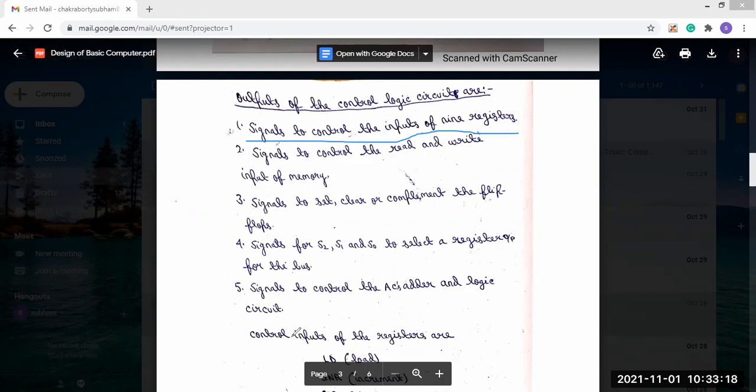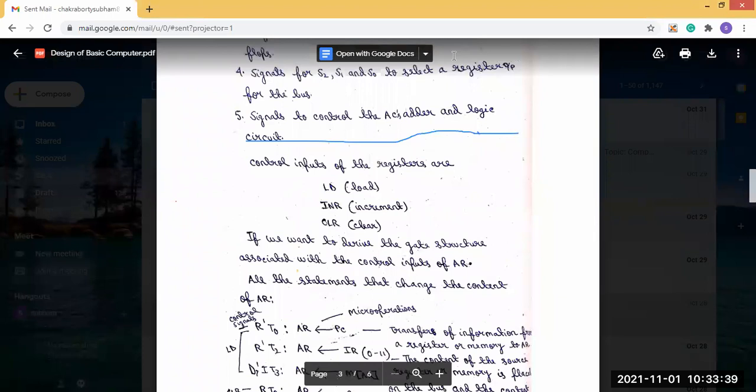We have three control inputs: increment, clear, and load. LD for load, INR for increment, and CLR for clear.